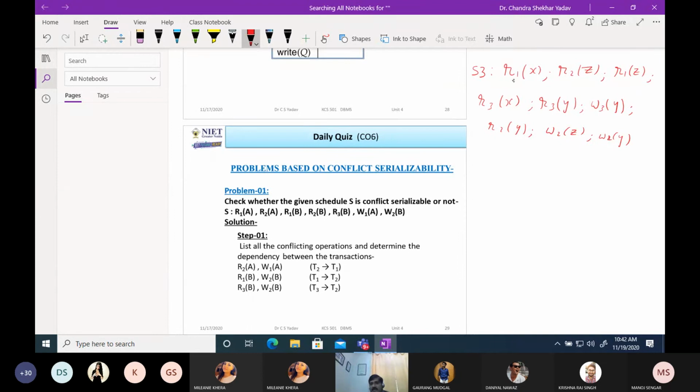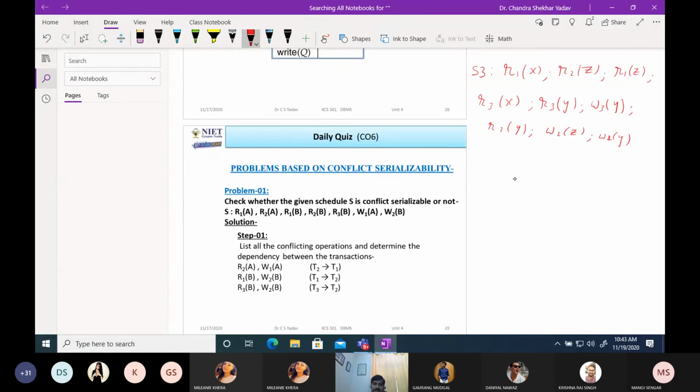R1X means T1 transaction is performing read operations on X. R2 of Z means T2 transaction is performing read operations on Z. Okay. Now draw the precedence graph and see whether a cycle is present in the graph or not.